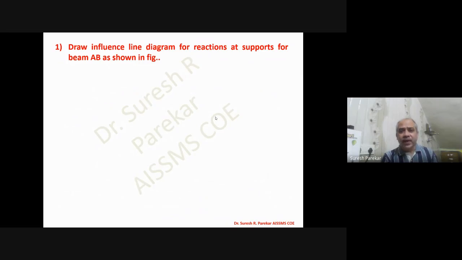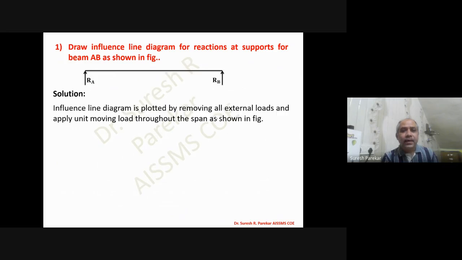Now, first we will go for simply supported beams, and in that we have first the influence line diagram for reactions. Draw the influence line diagram for reactions at supports for beam AB as shown in figure. That means we have to plot the influence line diagram for beam AB, for reactions at A and B. As we have seen, we have to remove all external loads and apply a unit load, which should be moving throughout the span.